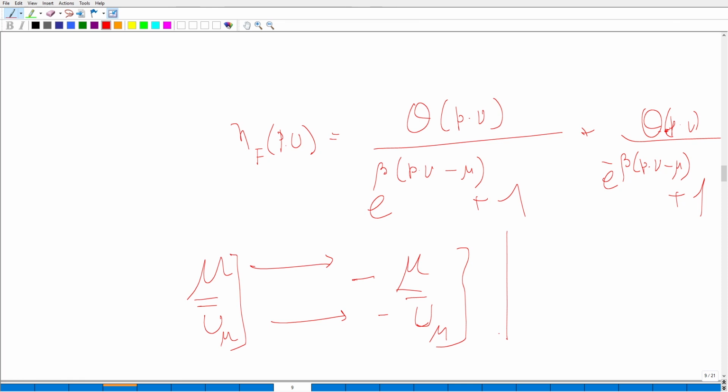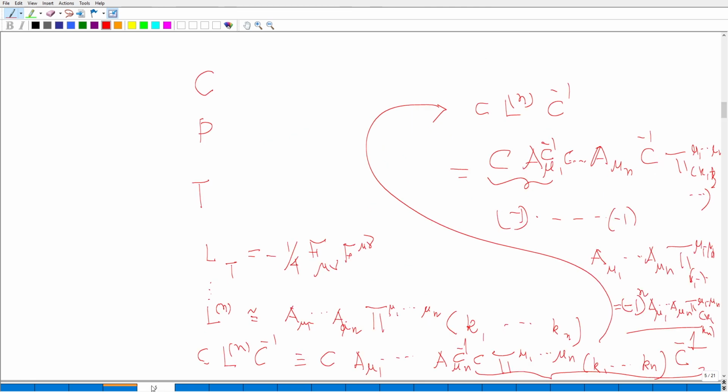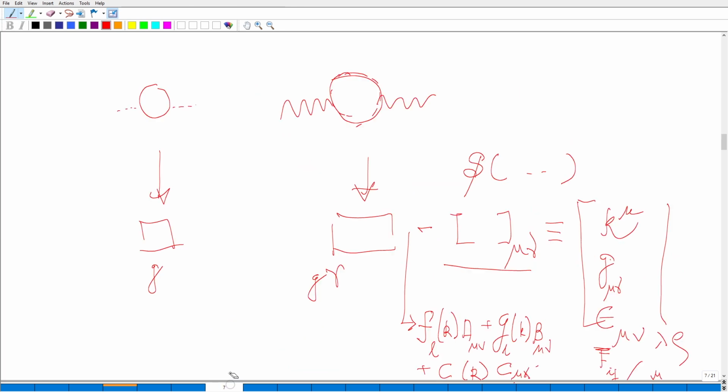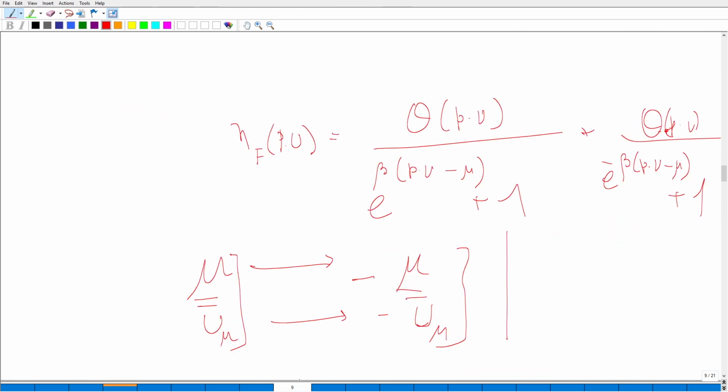And you realize that apart from the vectors that we had just defined a while ago in terms of k, g and epsilon, we have another additional vector that can crop up to extend the paradigm of our system, that is u mu, the 4 velocity of the medium.